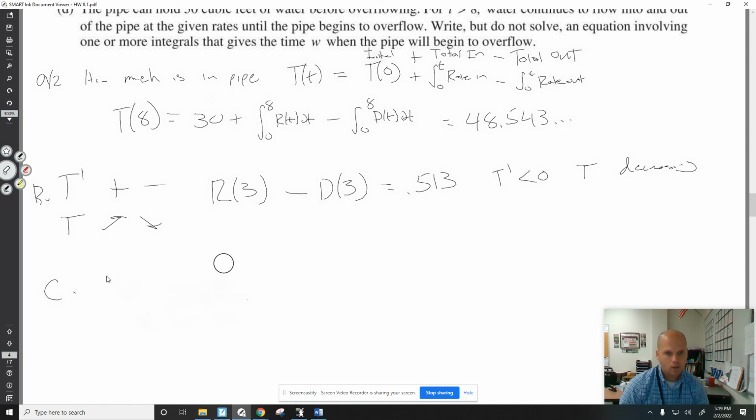Only we're going to have to look at T prime, and we're going to have to graph T prime. Now, T prime isn't given to you. You understand what it is. T prime, that's like v, that's like x prime, is my velocity in minus my velocity out. Okay?